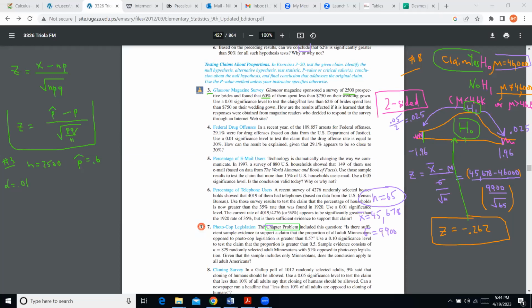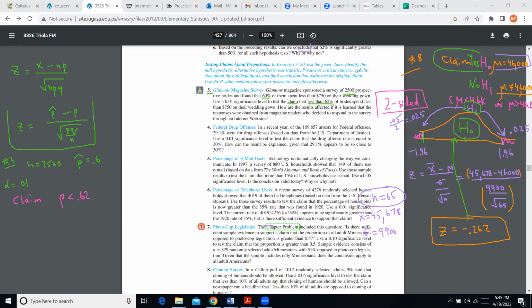At this significance level, I want to test the claim, the key part that says less than 62% of the brides. So they are claiming that less than 62%, so P is less than 0.62. Whether they claim something correctly or not, we don't really care. We're just doing the problem here.